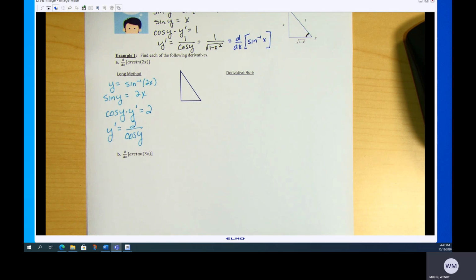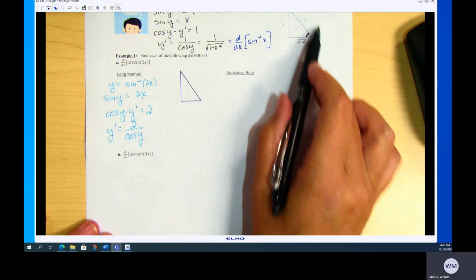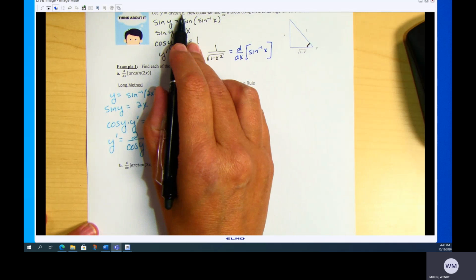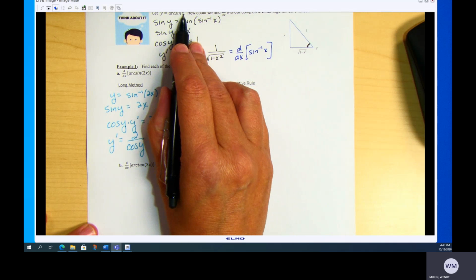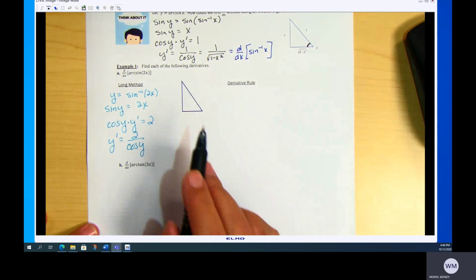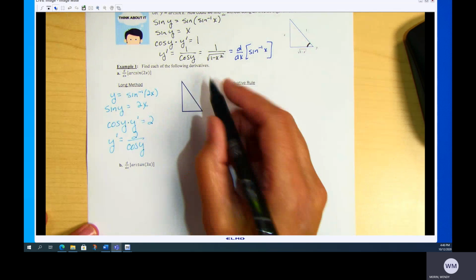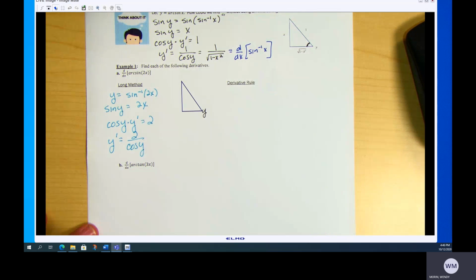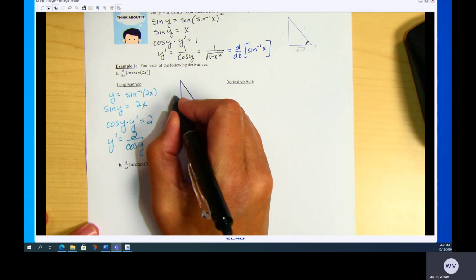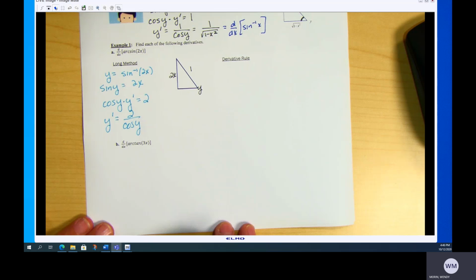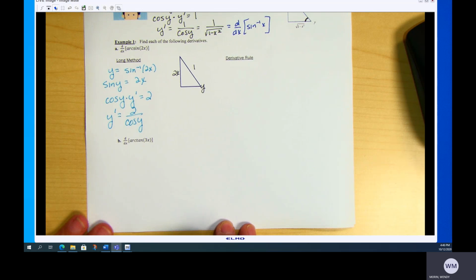Well, we have to go to our picture here. It's not going to be the same picture because the given here was that the sine is equal to 2x. That's what arc sine means. So this is saying the sine of our angle, we'll call that angle y, the sine is 2x over 1. That's what's given in the original problem.